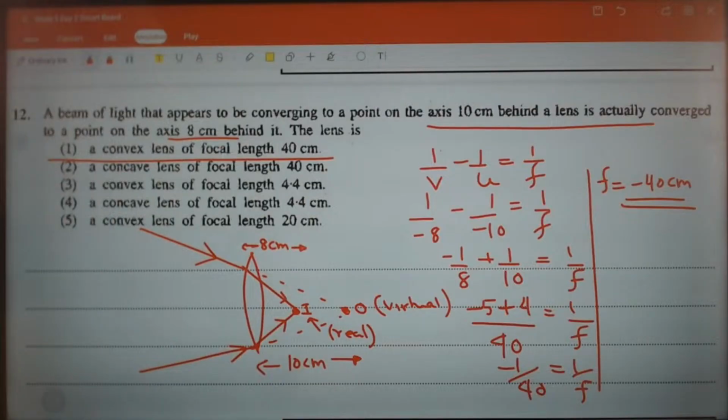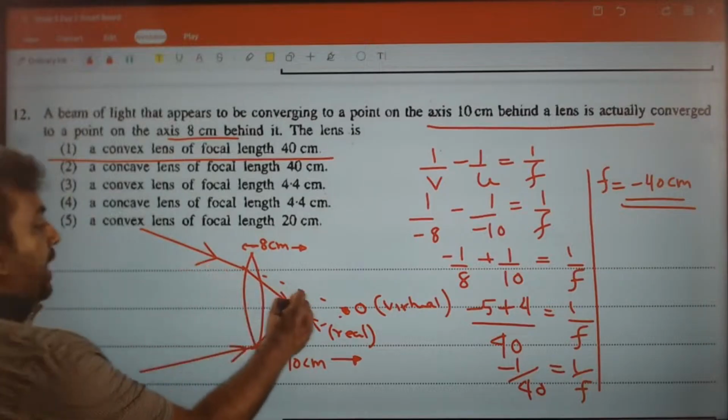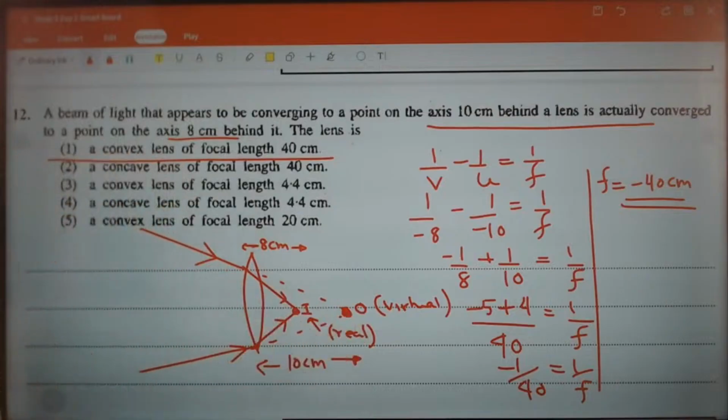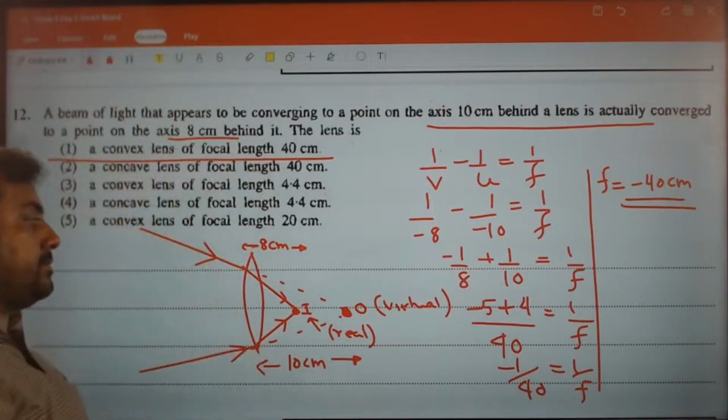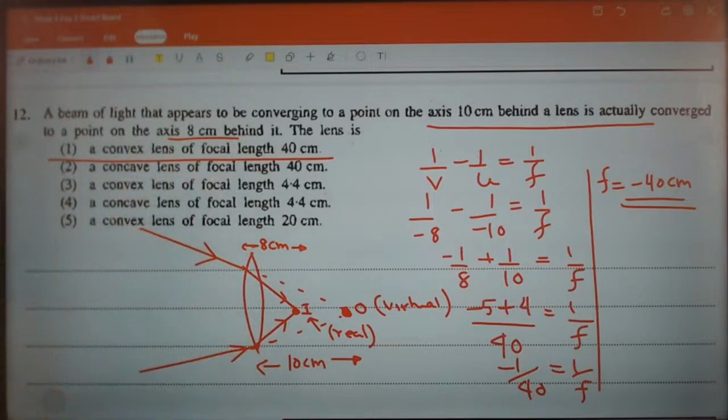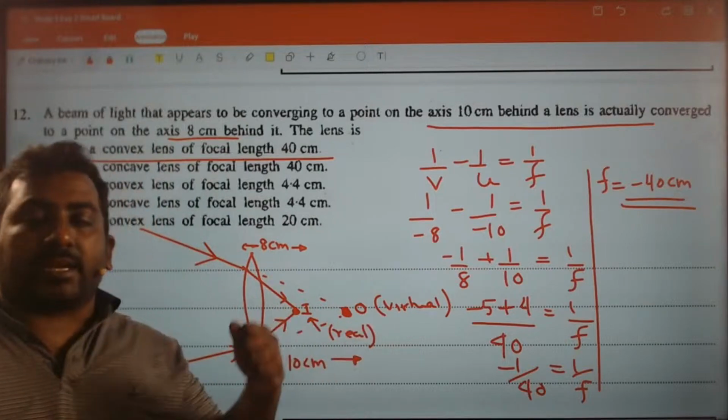The incident rays seem to meet at 10 centimeters. This means it is a virtual object.